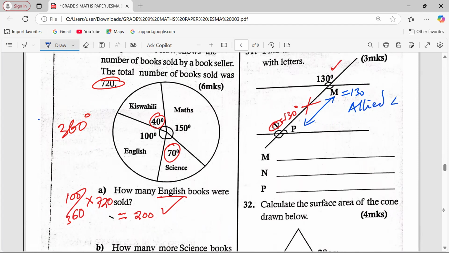So allied angles are usually supplementary. They add up to 180. So again, the value of P will also be confirmed to be 50 degrees because we take 180 again minus 130. So we are getting 130 at this point, 130 at this point, 50 at this point.